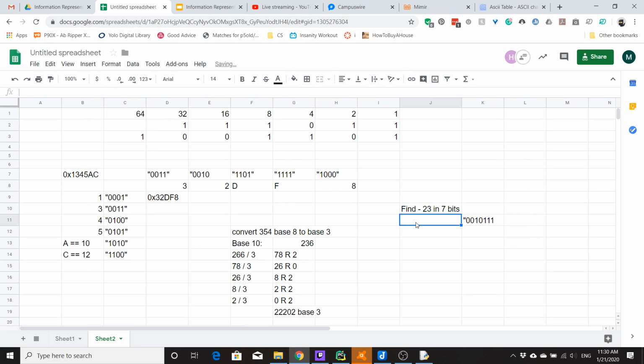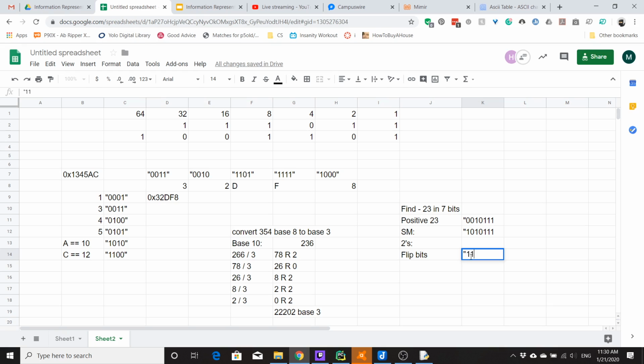So, this is positive 23. Now, if we're working in sign magnitude, right, we just have to negate the value. So, what's this bit string negated? 1, 0, 1, 0, 1, 1, 1. Right? We just flip the sign bit. In 2's complement, right, the first step would be to flip bits. So after we flip the bits, we end up getting, gosh, here, let me put that in there.